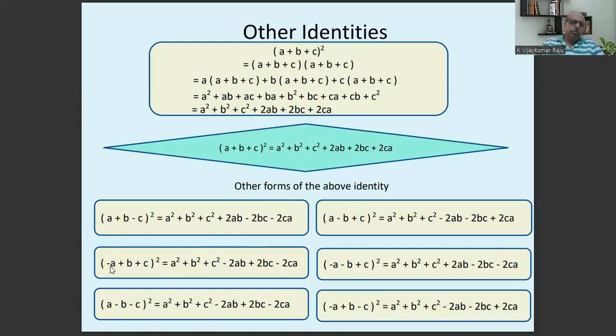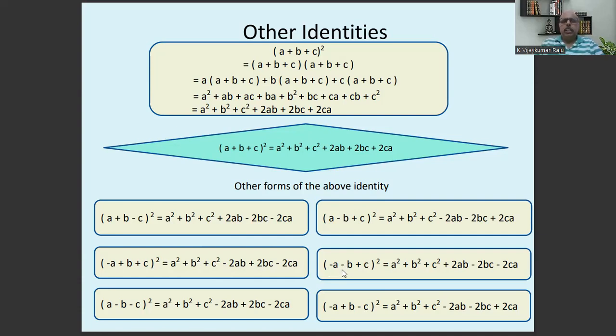There A is negative. A is negative means the terms containing A. This is having A, so minus sign here. This is also having A, put a minus sign here. So minus A plus B plus C whole square is A square plus B square plus C square minus 2AB plus 2BC minus 2CA.